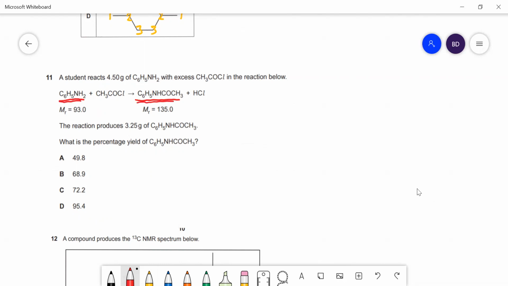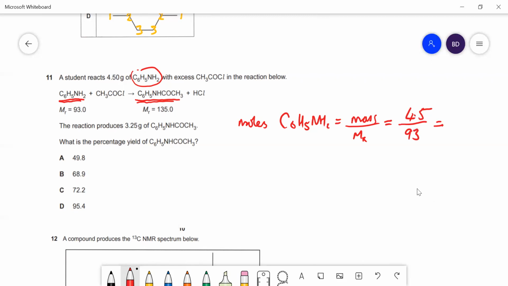Let's work out the moles of this stuff. Phenylamine, C6H5NH2, is equal to mass over MR. 4.5, they tell us the MR is 93. That gives us 0.0484.